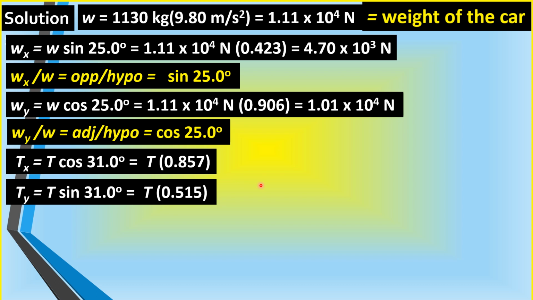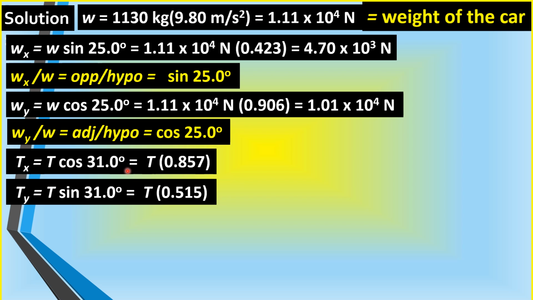Unlike in the other imaginary triangle, formed by the tension T of the cable and its x and y components, forming an angle of 31.0 degrees. Here, the Tx is actually the adjacent side of the tension T, so the correct function is indeed cosine of the angle 31.0 degrees.